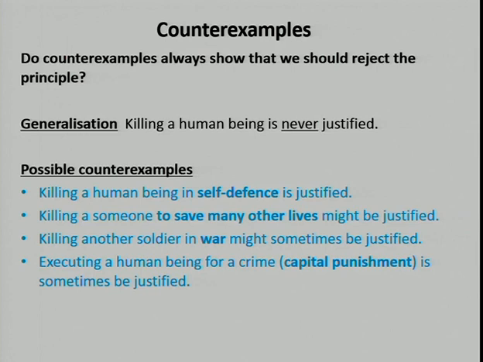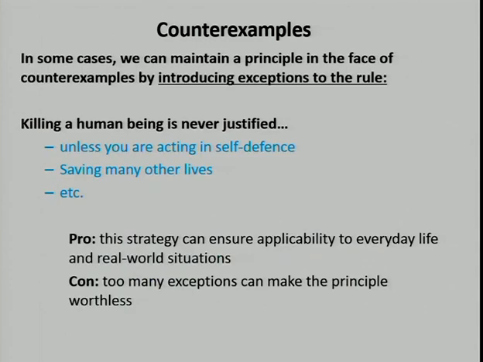We've already talked about this a lot: where we have obvious or at least plausible counterexamples, you might try to save the principle by introducing exceptions or by formulating it in a more precise way. When should you do this and when shouldn't you? Again, this is really going to depend.